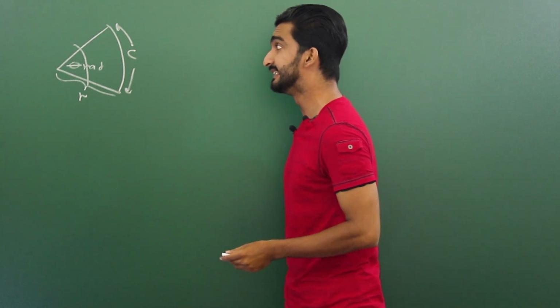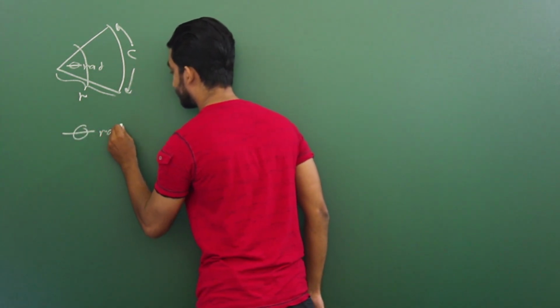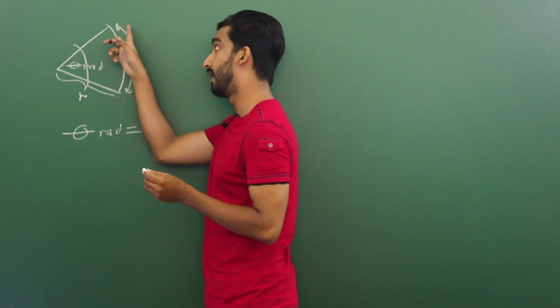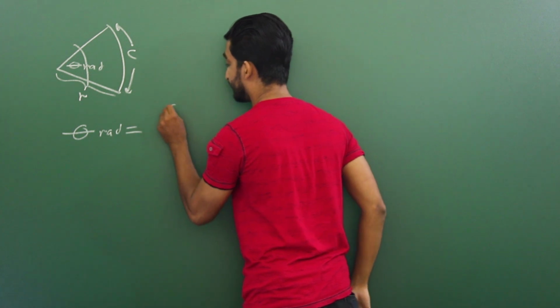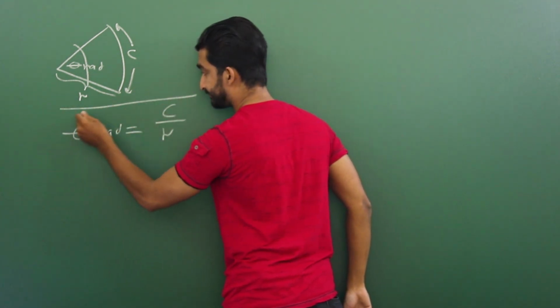We define theta radian by arc length over r, arc length divided by r. So this is the basic concept.